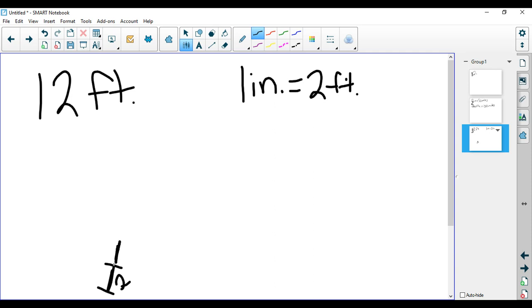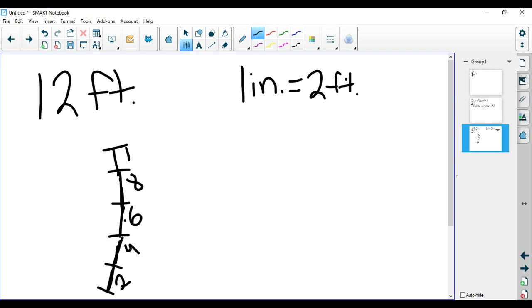If I add another inch here, then that would be 4 feet total. So on my picture, I have 2 inches drawn, but that's equivalent to the 4 feet of the bottom of my house. So every time I add an inch to my drawing, it adds 2 more feet. So right here, I'm at 4 inches on my map, but I'm at 8 feet for my house.